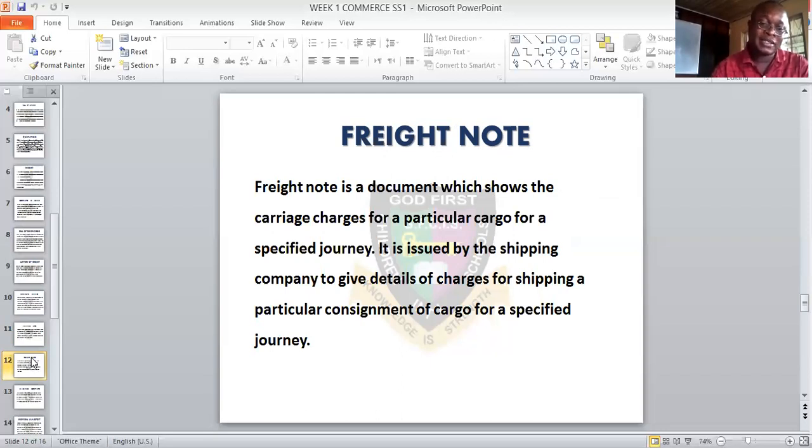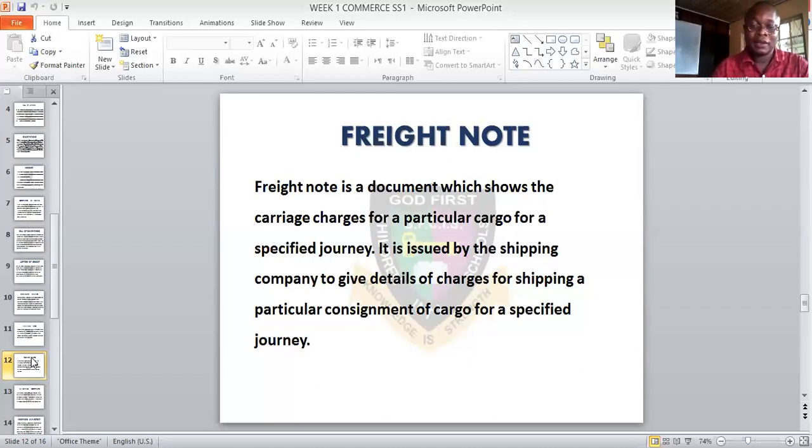So those charges will be included in the document, so that the importer or the buyer will know the charges they are going to pay on that commodity. It is also issued by the shipping company to give details of charges for shipping a particular consignment of cargo for a specified journey.